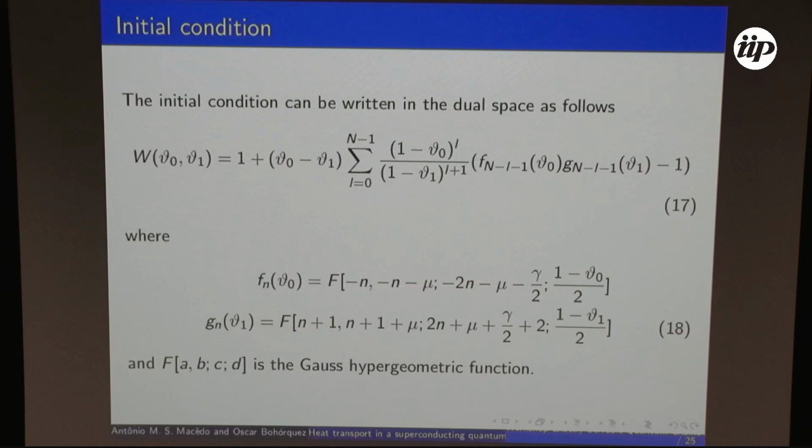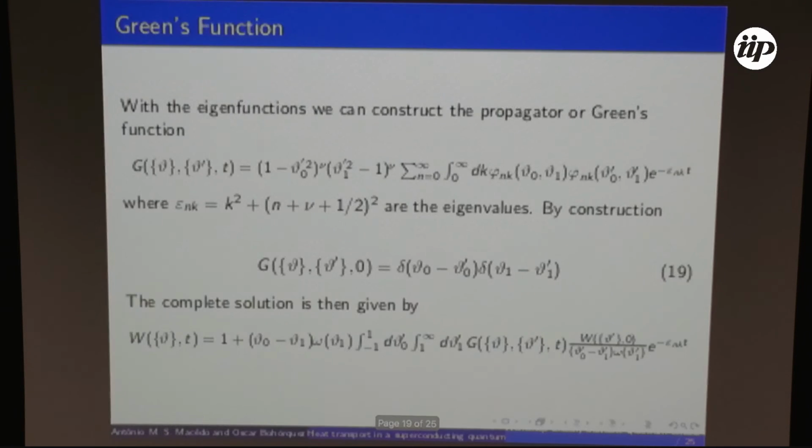So I can use a representation that's very simple, very similar to what you get in random matrix theory. Okay, so it's a sum of products of functions. In random matrix theory, it's just polynomials, and here we have one polynomial written in terms of a hypergeometric function, and the other is the function. So this supersymmetry gives this combination between non-compact and compact. Random matrix theory apparently sees only one type of space. Okay, that's for the initial condition.